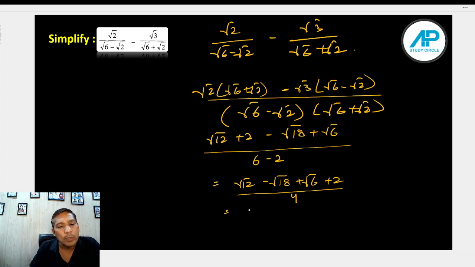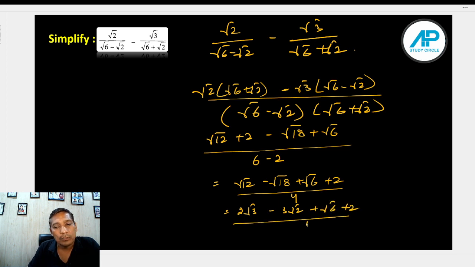This root 12 is 2 root 3 minus 3 root 2 plus root 6 plus 2 upon 4. That is the final answer of this question. That's how you solve these kind of questions.